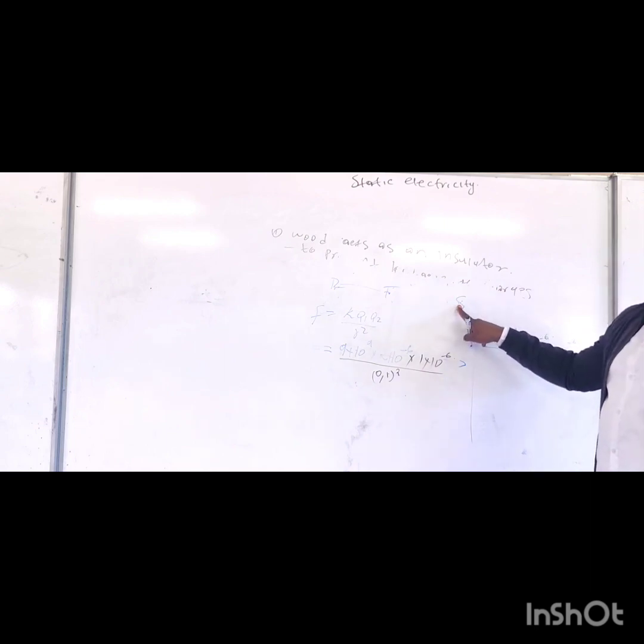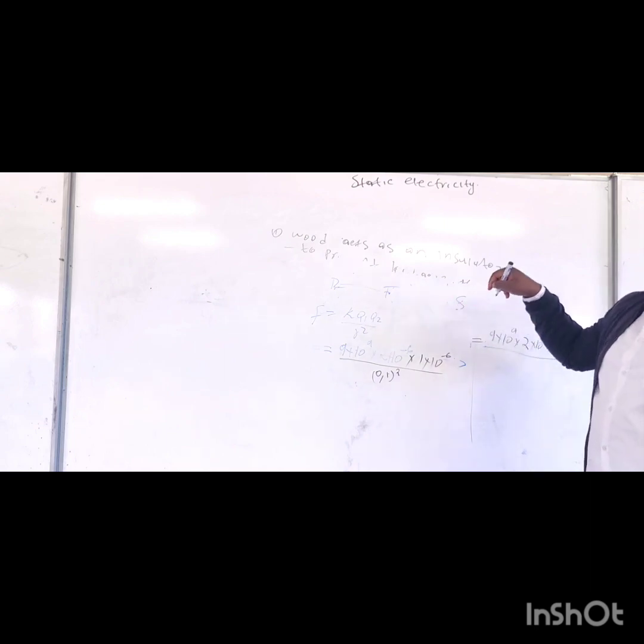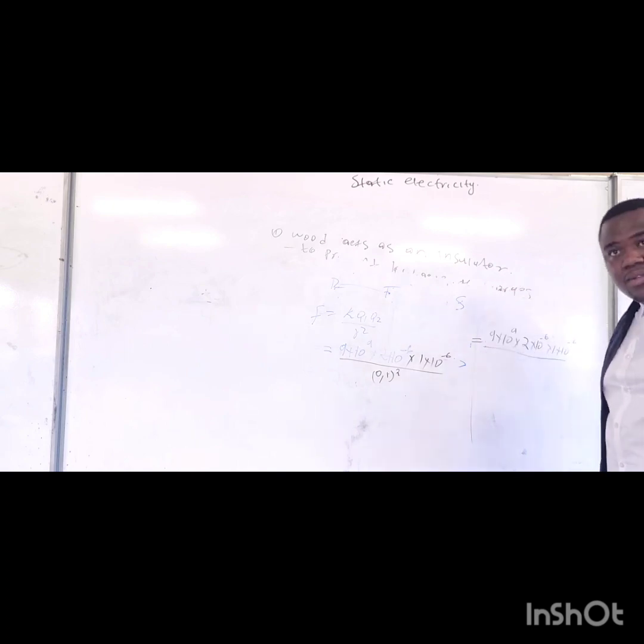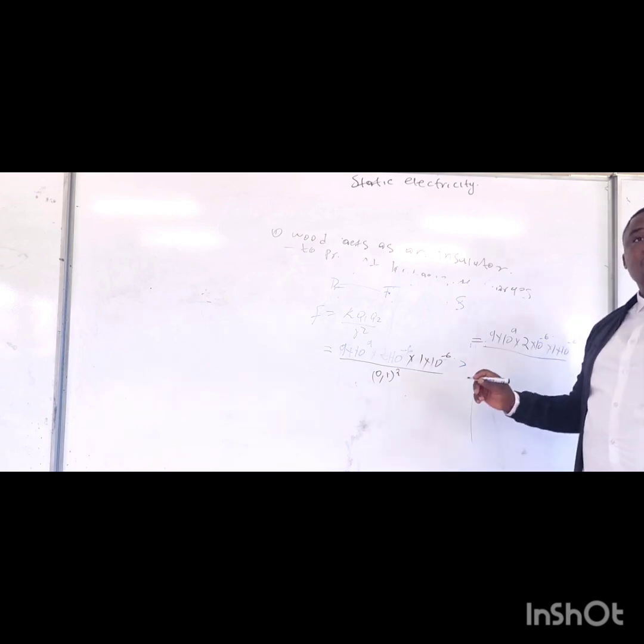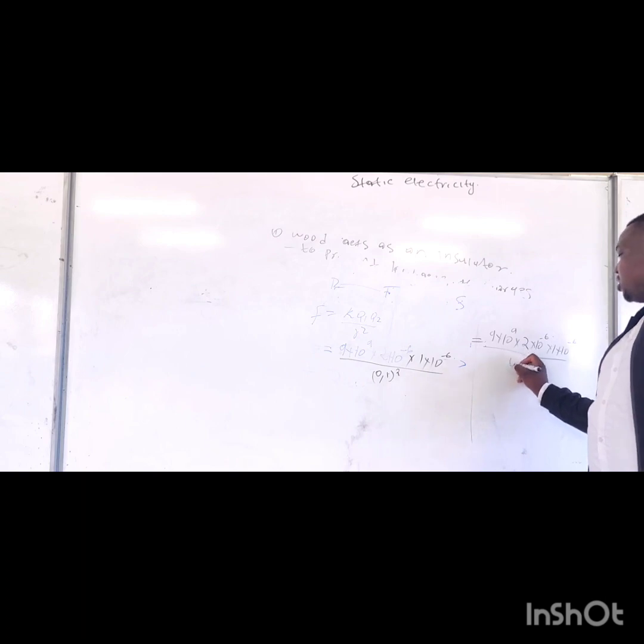Then what is the distance between T and S? According to what appears on your screen, it is 20 centimeters. We convert it to meters because distance is always in meters. What will we get? We get 0.2, we square. Then what do we do?